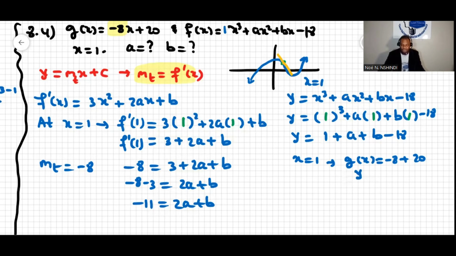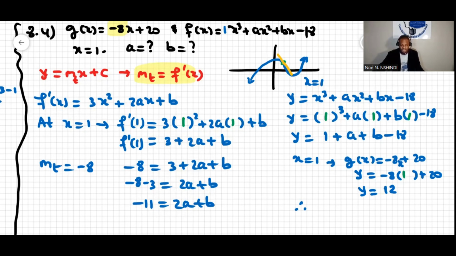y will be equal to -8x plus 20. I sub the value of x, which is 1, and then we get y equal to -8 plus 20, which is 12. Therefore, over here y equal to 12.